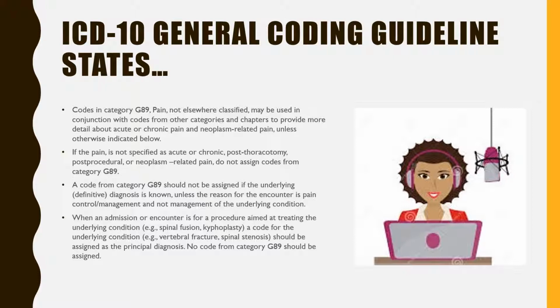It further states when an admission or encounter is for a procedure aimed at treating the underlying condition, such as spinal fusion and kyphoplasty, a code for the underlying condition, again, such as vertebral fracture or spinal stenosis, should be assigned as the principal diagnosis, and no code from category G89 should be assigned.